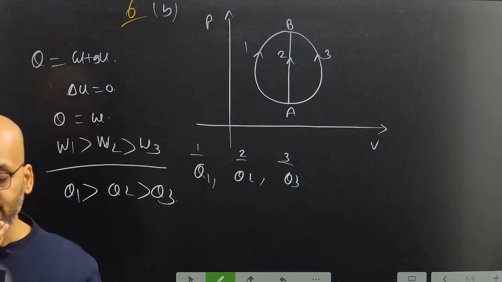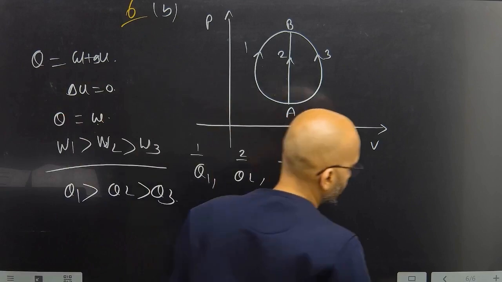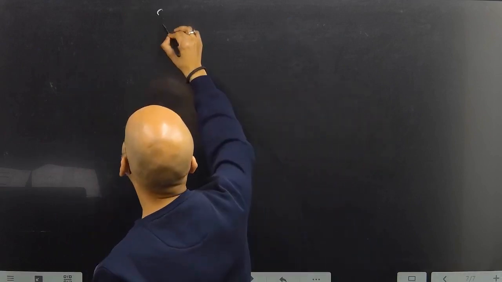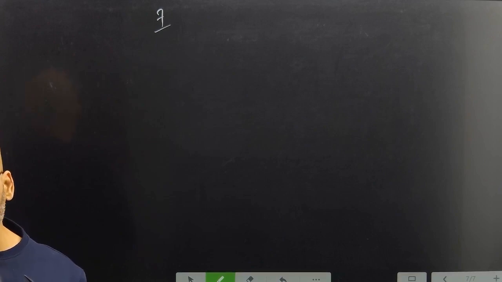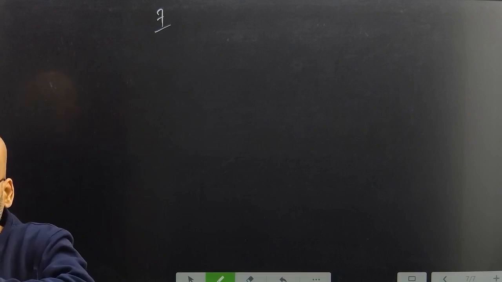Next question. It is saying a certain mass of an ideal gas is at pressure P1 and volume V1. It is compressed isothermally. Isothermal compression means temperature is going to remain constant and volume is going to decrease.